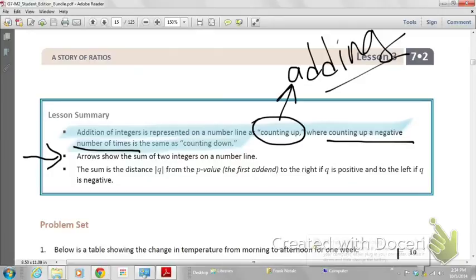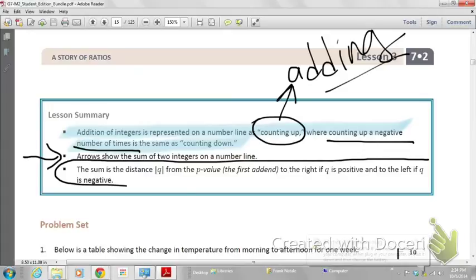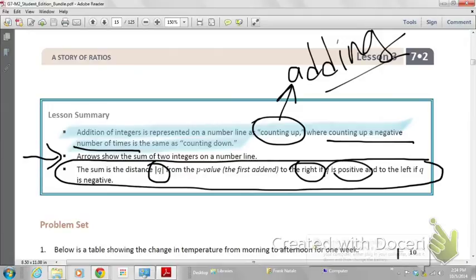Again, the arrows show the sum of two integers on a number line. Using those arrows, or those vectors, is a good way to experience negative and positive integers until you really get a firm grasp of it. And the last, probably more crucial point here is the sum is the distance Q from the P value, the first addend, to the right if Q is positive, and to the left if Q is negative.